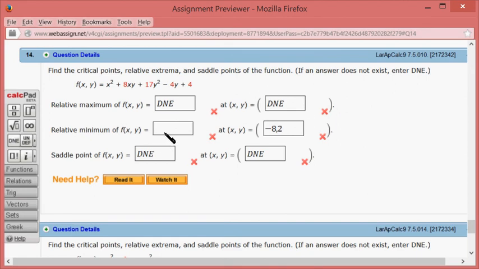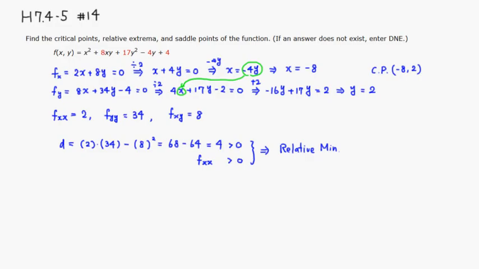Then we just need to compute the corresponding value. So let's do that. We just need to evaluate f where the x value is -8 and the y value is 2. You have x squared, so -8 squared would be 64.